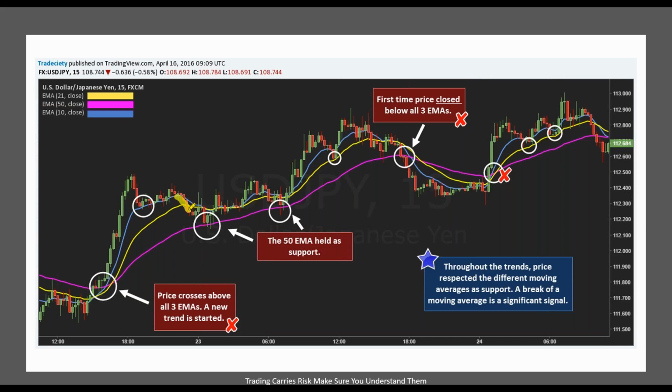Now, as we see, the trend eases down and we get a crossover of the medium term and the short term, but it's held by that longer term moving average and bounces back above it. So in this case, this longer term moving average, the slow one, has supported price. It's been moving up, up, up, and up. It stayed above this all the time.